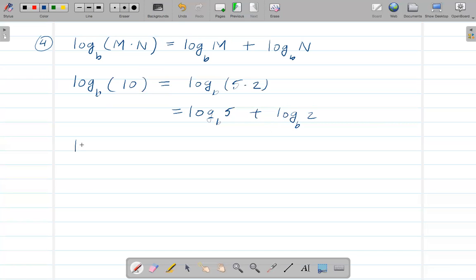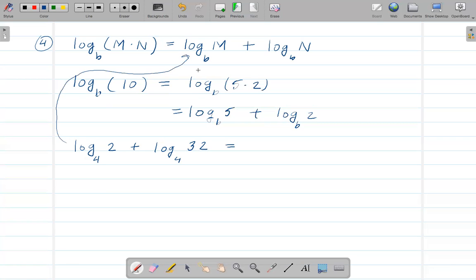So let's say if we have log base 4 of 2 plus log base 4 of 32. So if we have two different logs with the same base and a plus sign in the middle, this is similar to this, right?